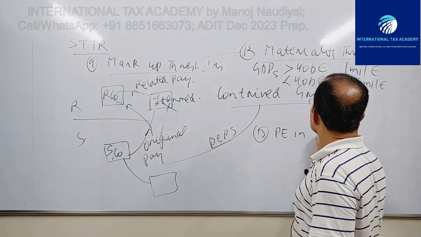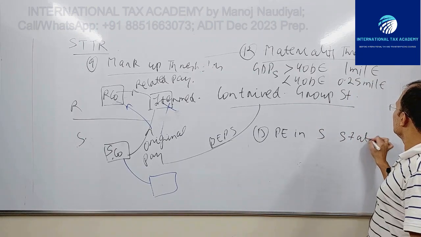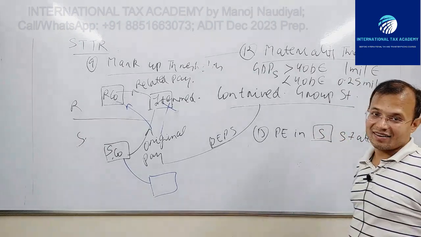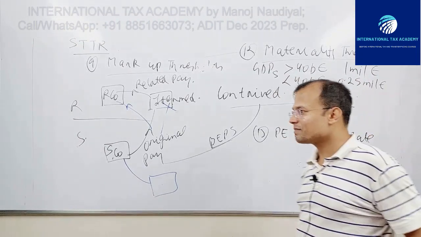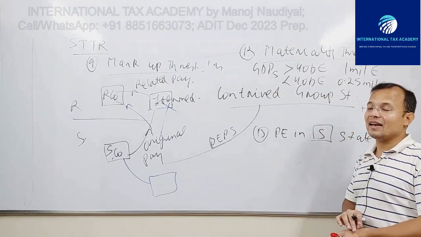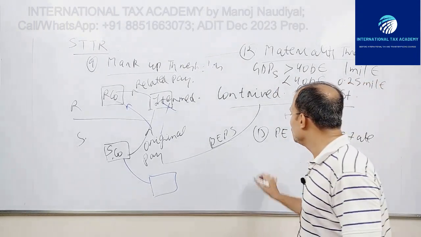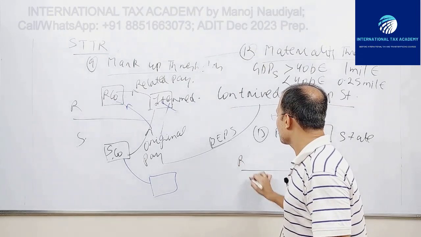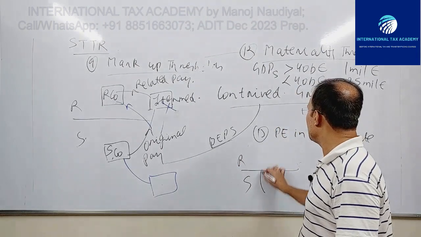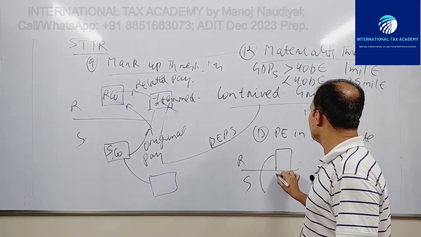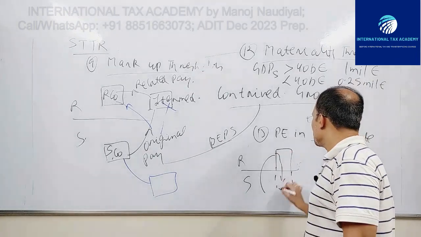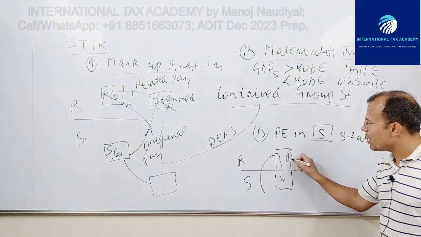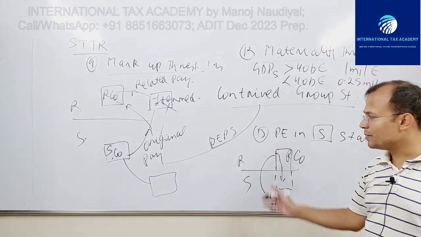Those of you who have read the OECD Model Tax Convention, Article 10, Article 11, Article 12, would remember this sort of RS payment being made, ARCO receiving, and this payment is attributed to the PE that ARCO has in S. Similar sort of situation.